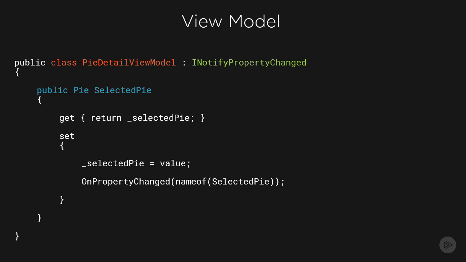So, if this view model would be the view model for a pie detail view, it will be called the PieDetailViewModel. The view model exposes state, so data, for the view. That can be seen here as the property exposed on the view model class, the SelectedPie property. For data binding to work correctly, mainly to ensure that changes in the data are picked up correctly, the class needs to implement the INotifyPropertyChanged interface, and that is done here as well.